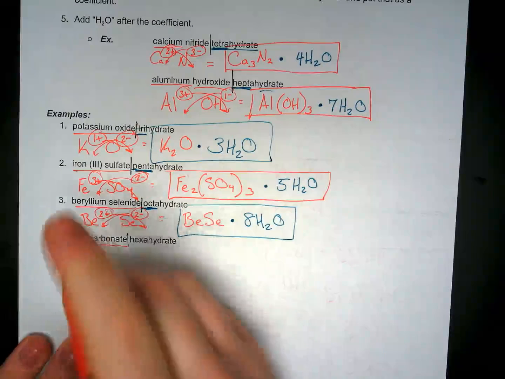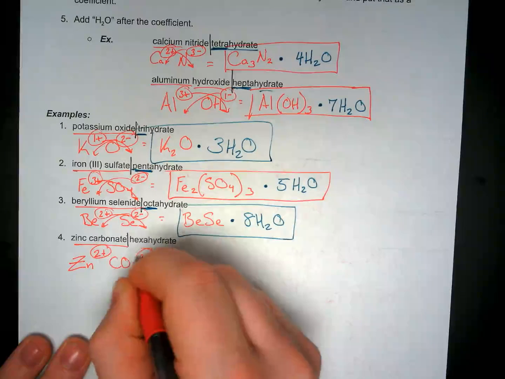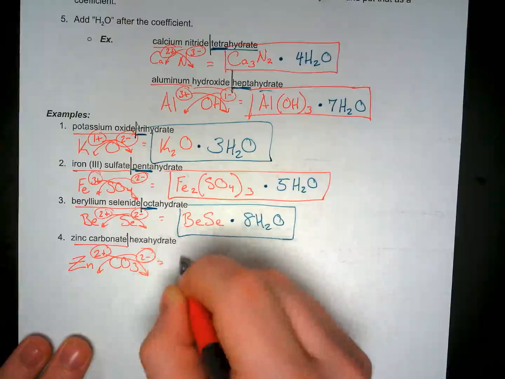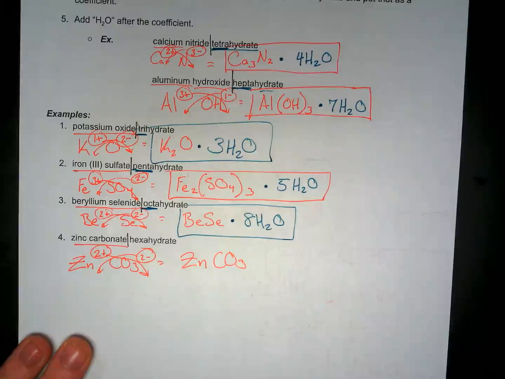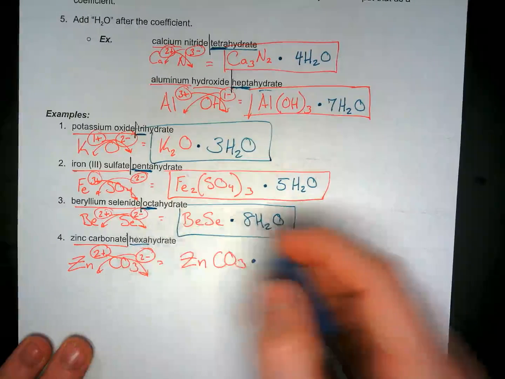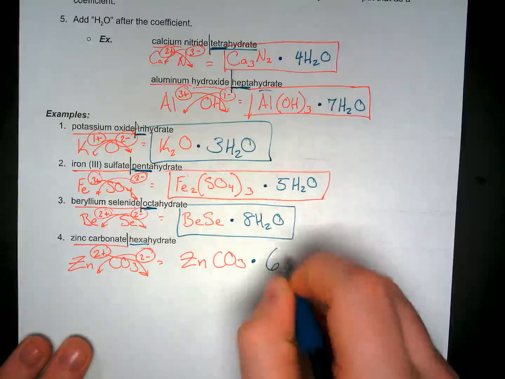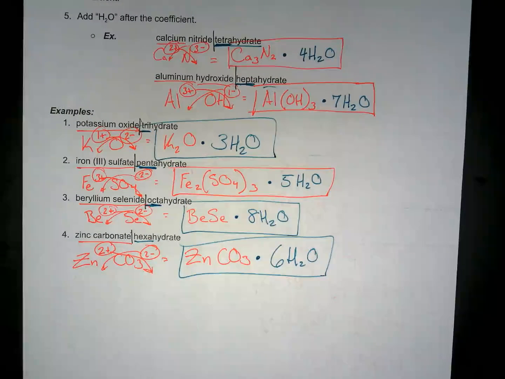Carbonate, CO3 2 negative. Crisscross here, and we're left with ZnCO3, because again that reduces as well. The dot, we've got the hexa meaning 6, hydrate meaning H2O, and there you have it.